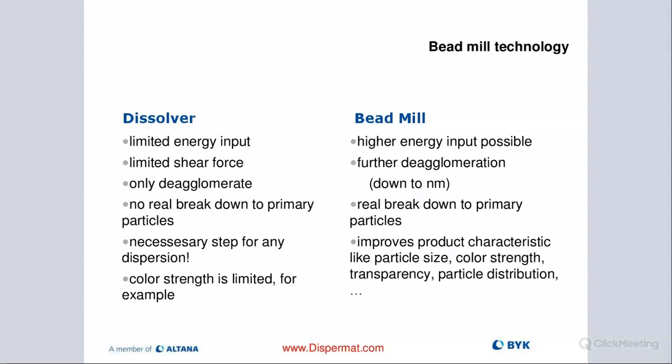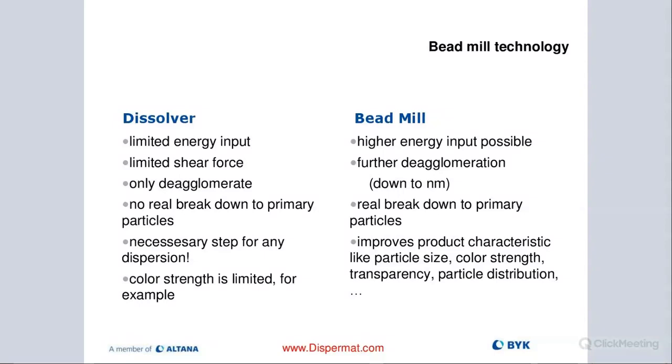So if everything worked out well with our pre-dispersion process, we would then move over to a bead mill. Here are just the comparisons, what the shortcomings are of a dissolver, and why we can't really compare a dissolver to media milling, and why we need media milling if we want to go below our 10 micron particle size.